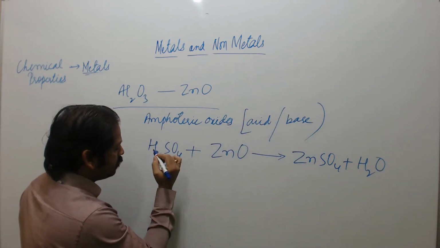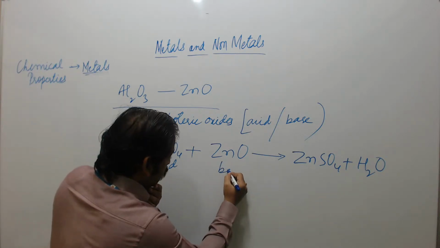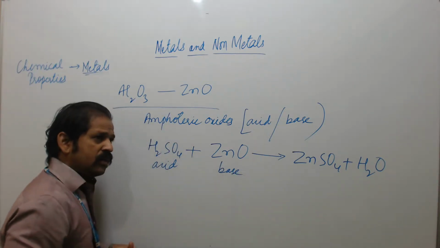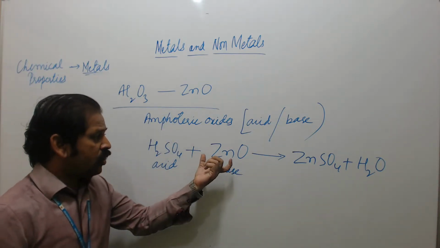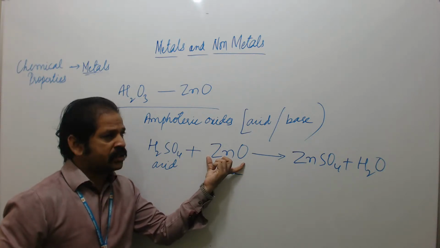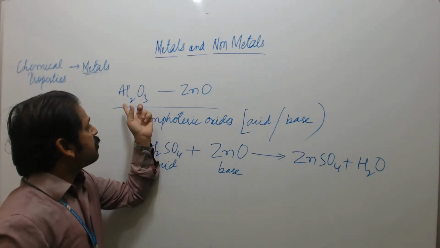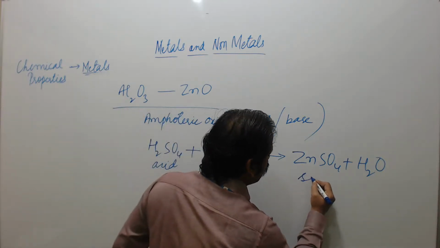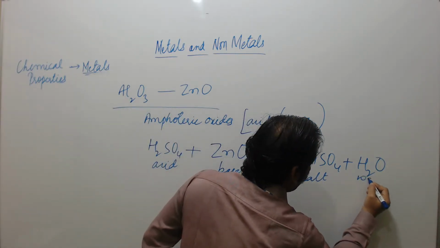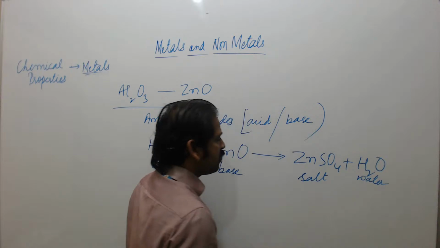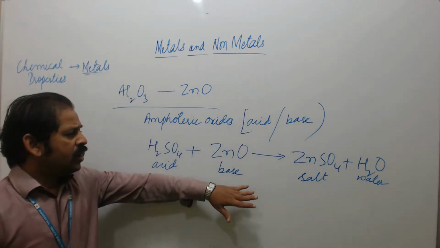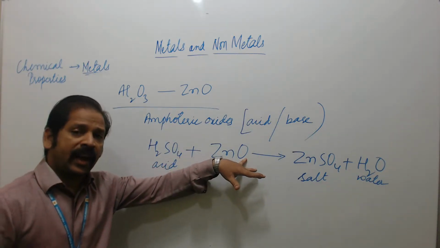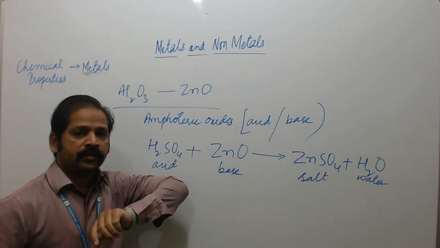You know that acid reacts with base to form salt and water. I told you this is an exceptional case, aluminium oxide and zinc oxide. Here, zinc oxide acts as a base.